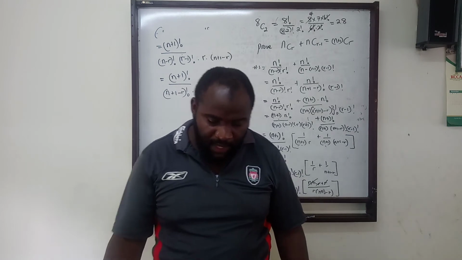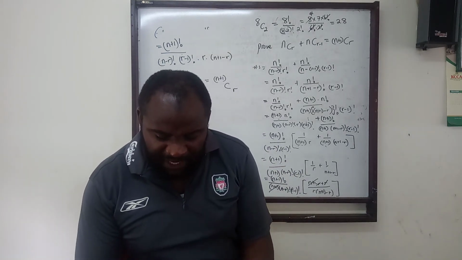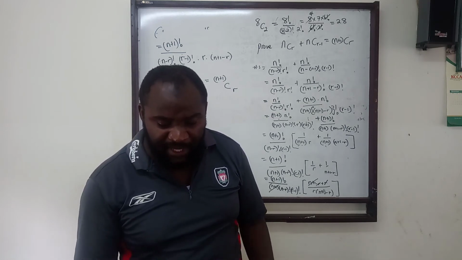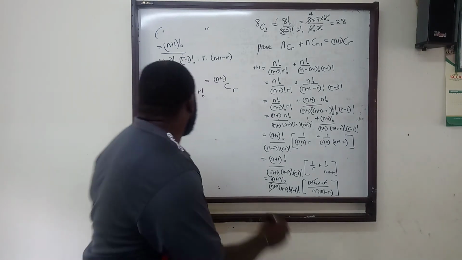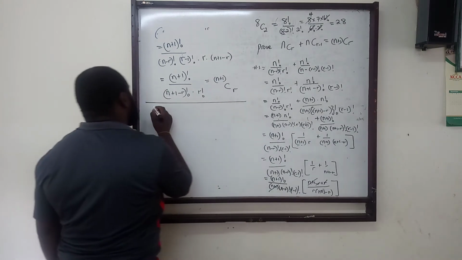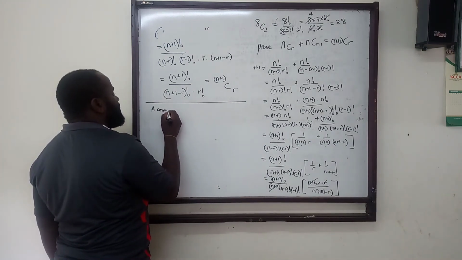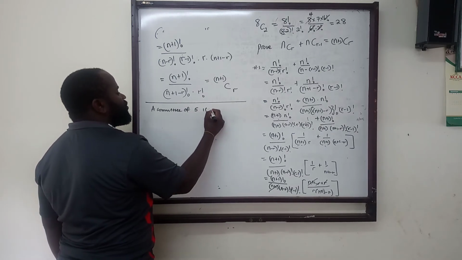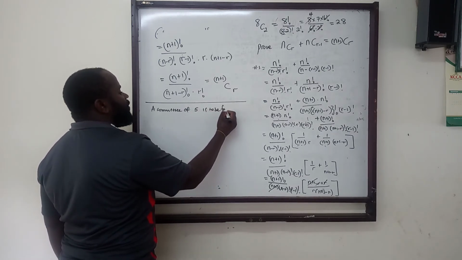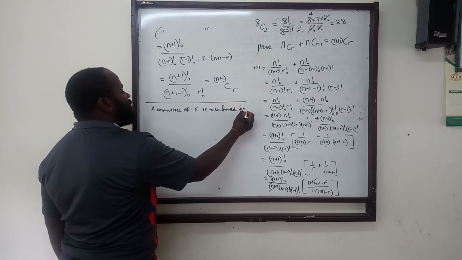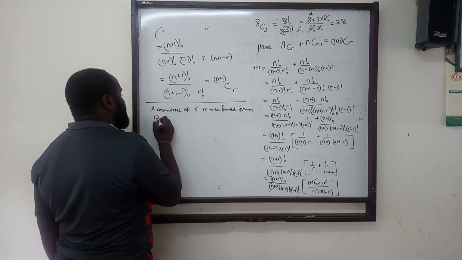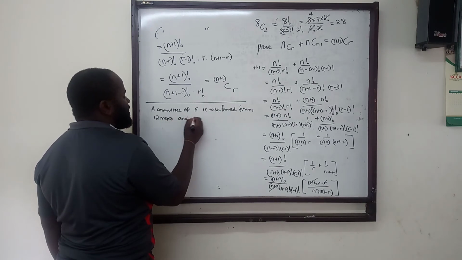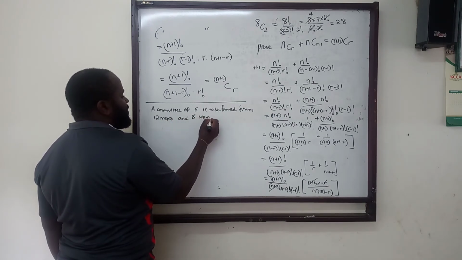Now, an example. A committee of 5 is to be formed from 12 men and 8 women.